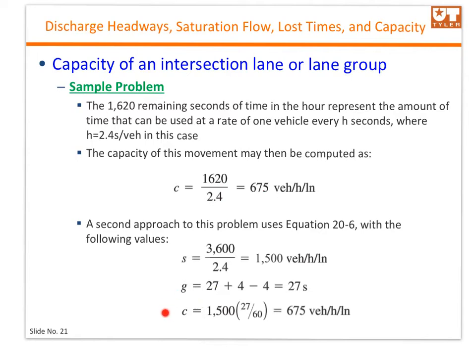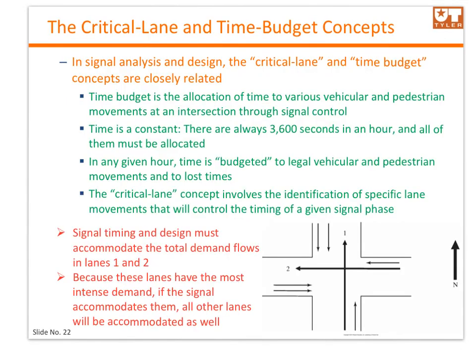So now I can get the capacity, which is equal to 1500, the theoretical capacity, if you will, times the actual ratio between the green time over the overall length of the cycle, and that's going to give us the same answer, which is 675 vehicles per hour per lane. So as you could see, there are two ways of getting the same number, and you would pick whichever way you feel comfortable with.